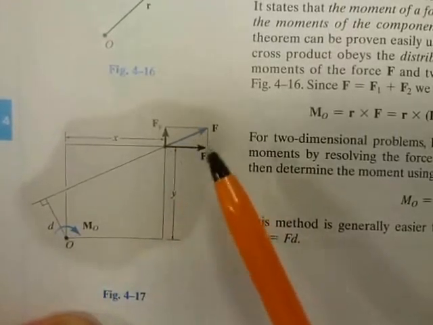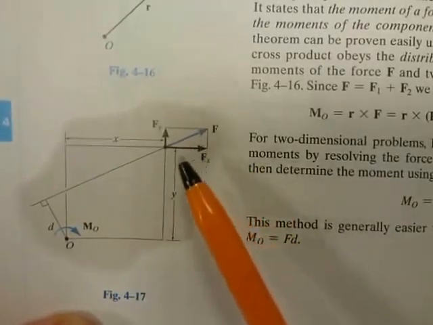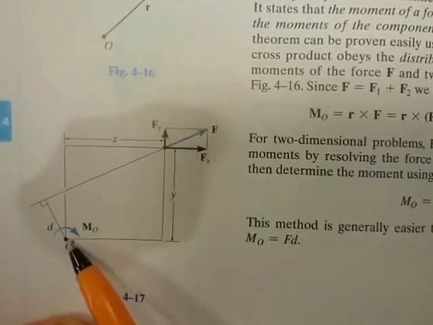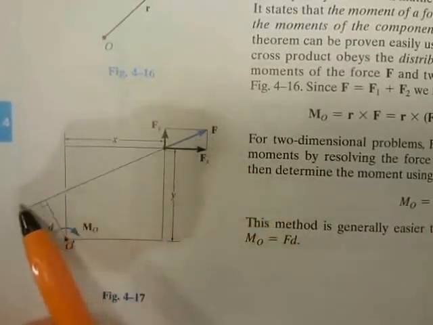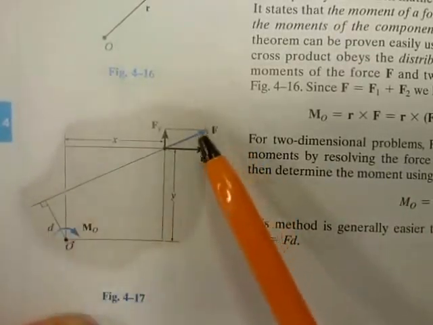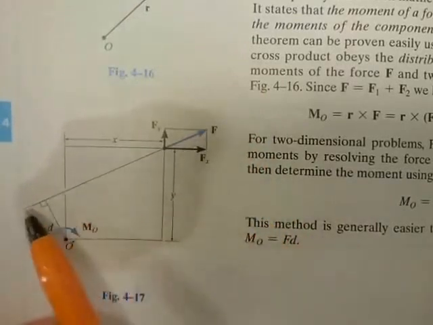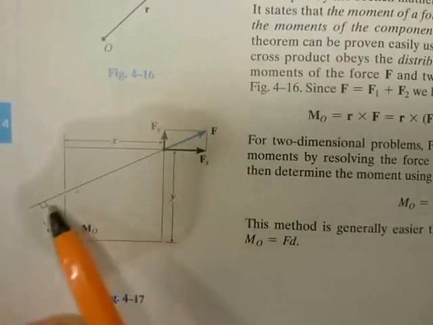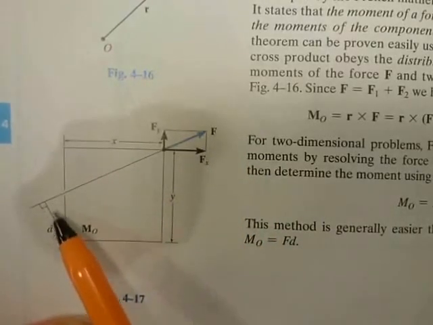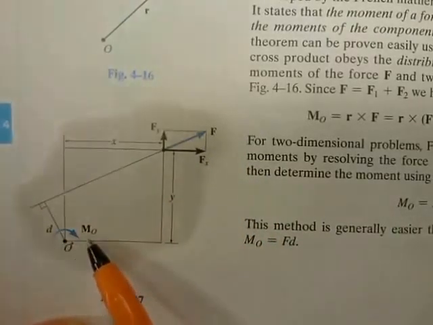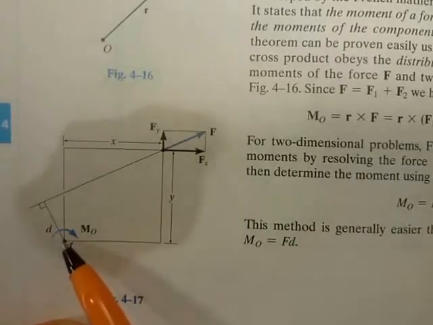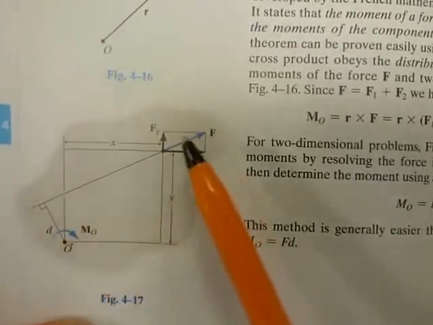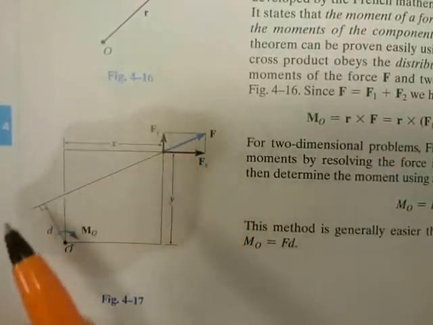In order to calculate the moment that this force causes about a point, we draw the line of action. This is obviously in two-dimensional space. We draw the line of action, and we determine the moment arm, which is the perpendicular distance from the point of rotation to the line of action of the force. So that's what we've done up until now.